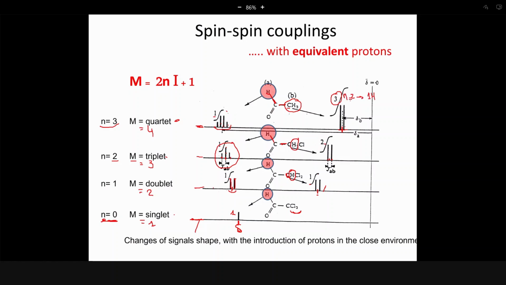It's a doublet. So this is the third piece of information I can get from a proton spectrum: looking at the shape of the signals. Do I have only 1 line, 2 lines, 3 lines, and so on? And from the number of lines depends the number of protons in the neighborhood.